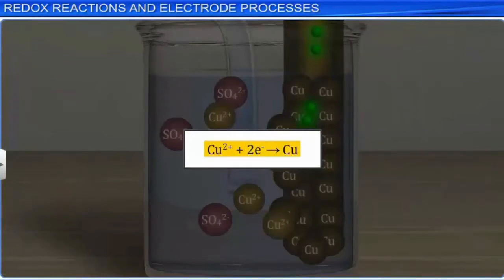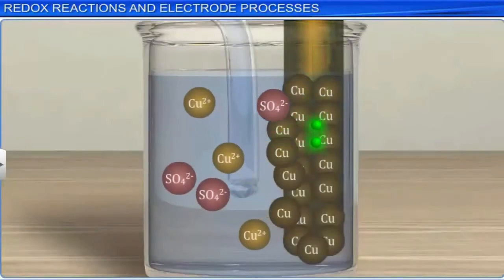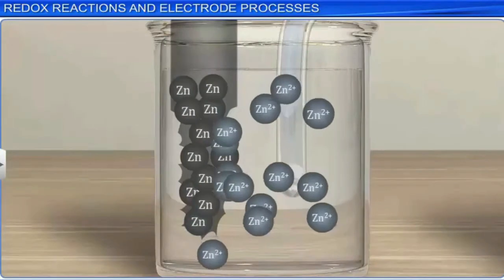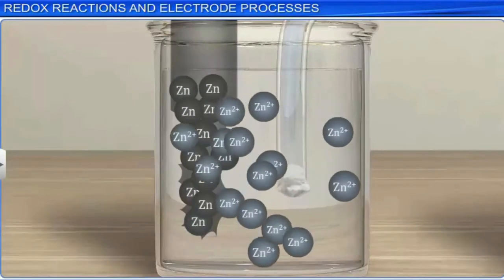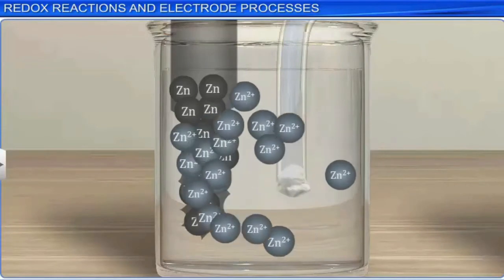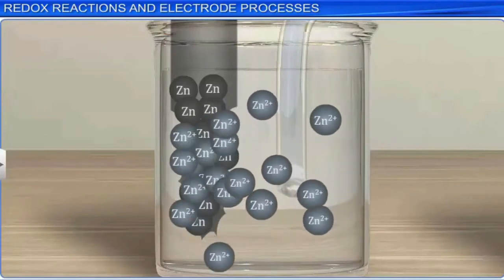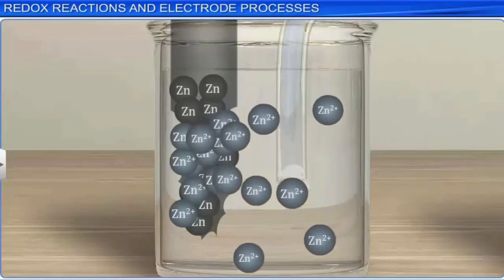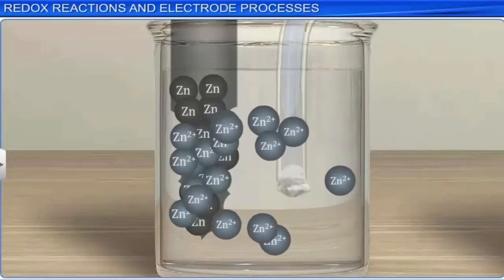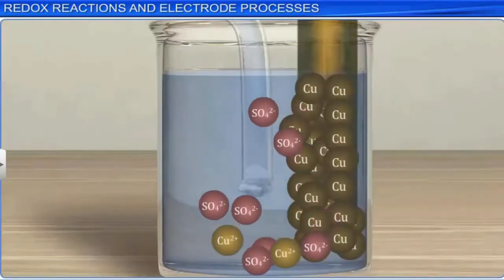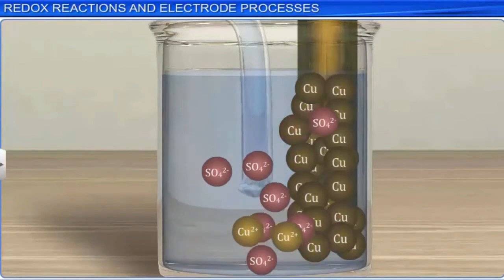As the reaction continues, the excess zinc ions accumulate around the zinc rod in the zinc solution. Due to this, any further oxidation of zinc stops as the repulsion among Zn2+ ions increases. Similarly, copper 2+ ions reduce to copper atoms and deposit on the copper rod.